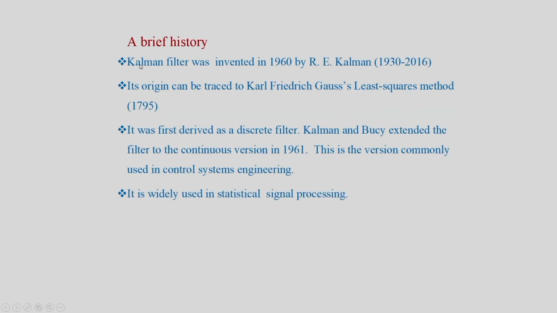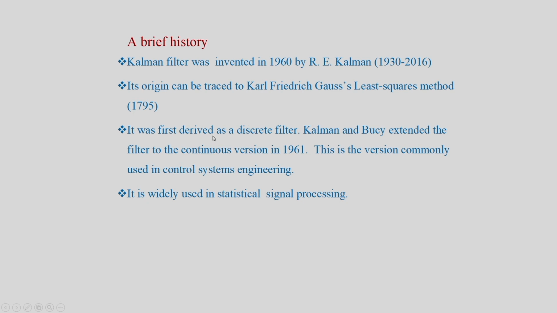First, we will give a very brief history. Kalman filter was invented in 1960 by R.E. Kalman. Its origin can be traced to Carl Friedrich Gauss's least squares method. So, we discussed about this method in an earlier lecture.